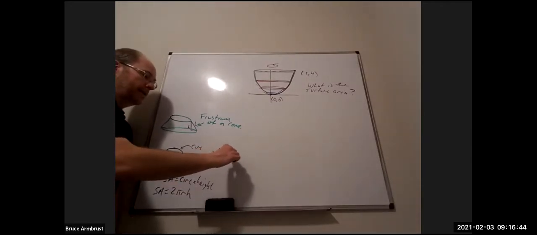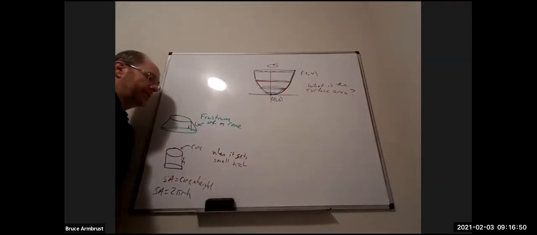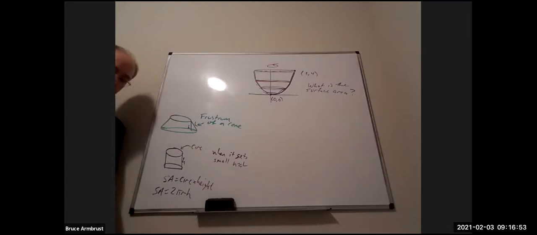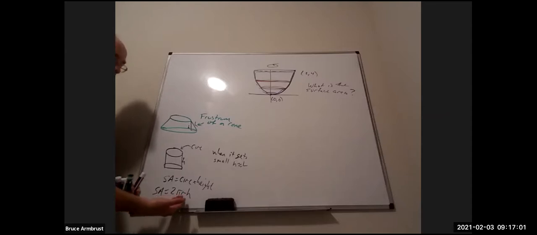Okay, so when it gets small, h is very much equal to L. So what we're going to do if we want to find this surface area is basically take all these 2 pi RLs and add them up.